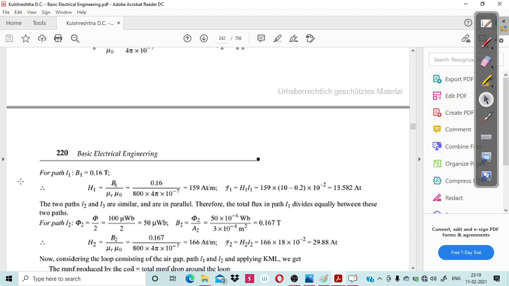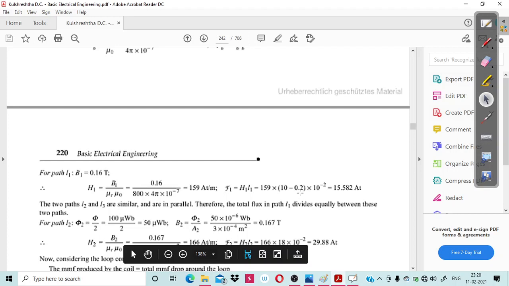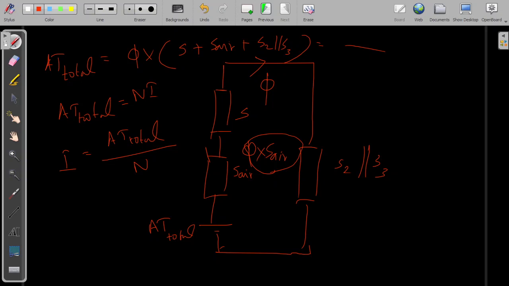So then H1 will be different. Why? Because in this case we have mu 0 mu r, where mu r is 800. Then if you calculate H1, H1 into the length L1 minus 2 mm, you will get the mmf. That means here what we have calculated is phi into S. You will get it directly.